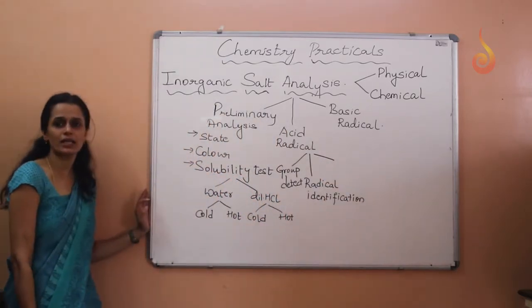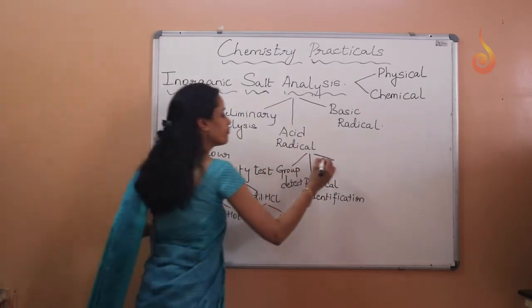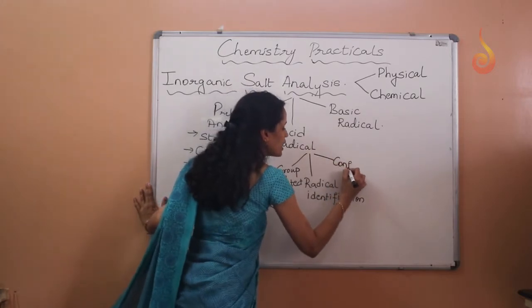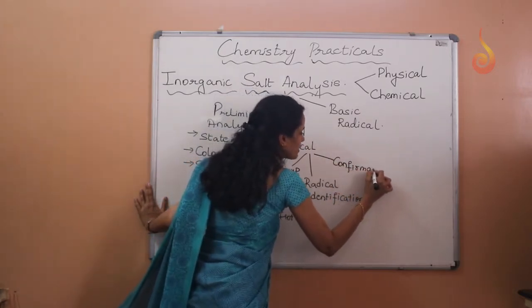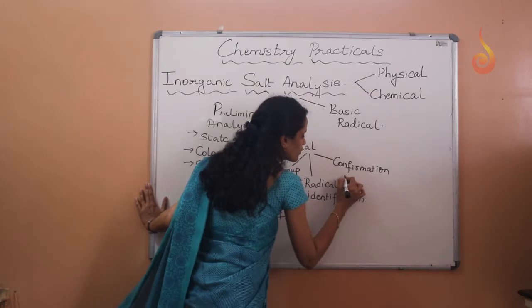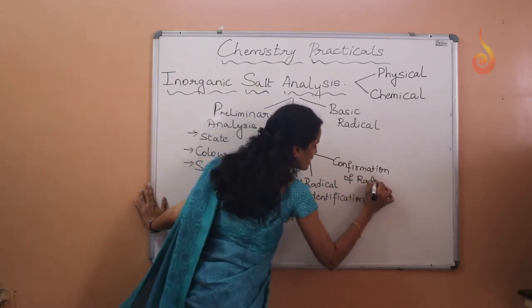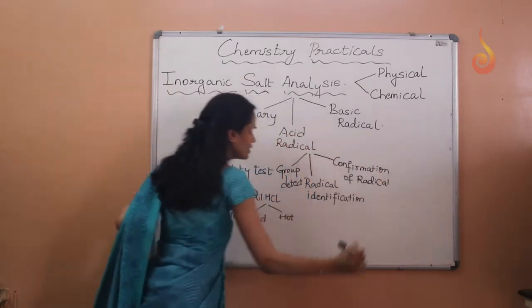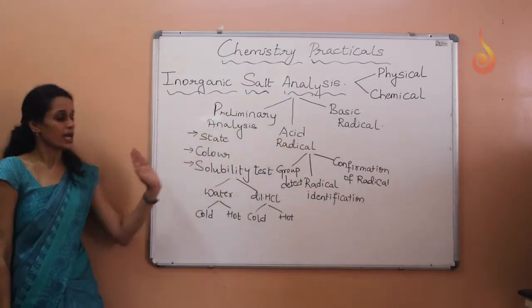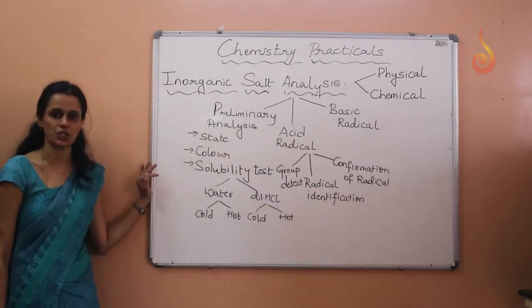Once the radical is identified, finally we will confirm the radical by performing a confirmatory test. So, these are the 3 steps involved in acid radical detection.